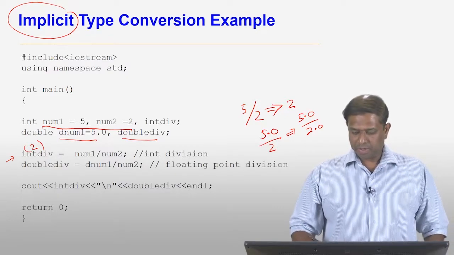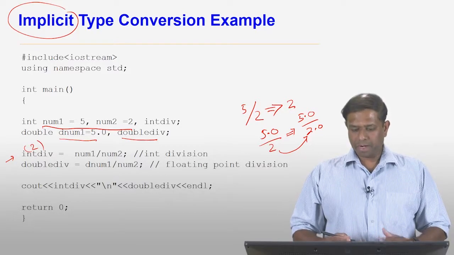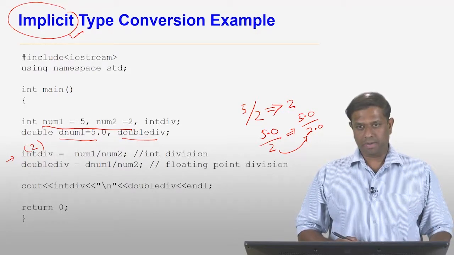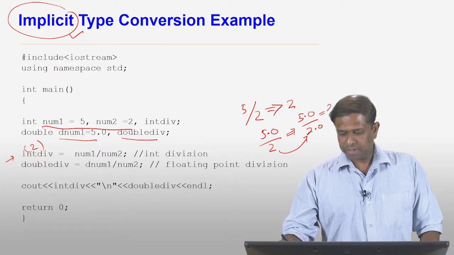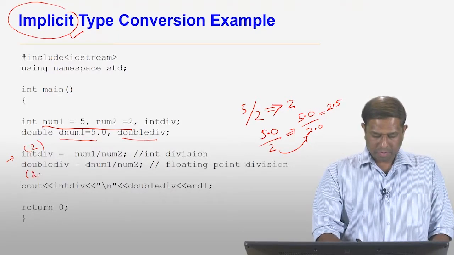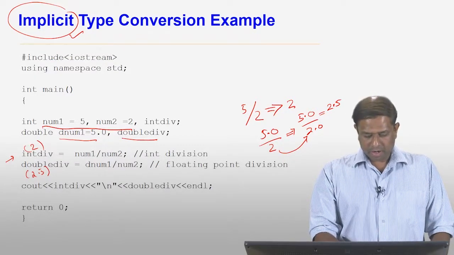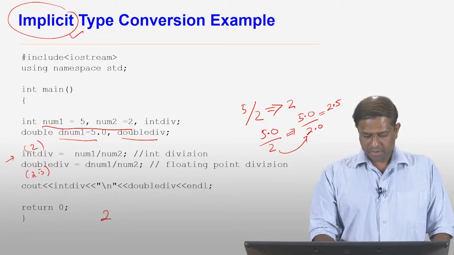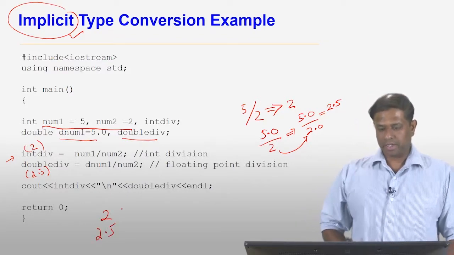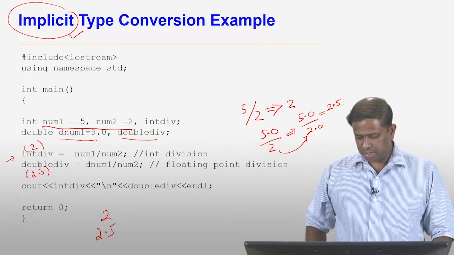Converting 2 to 2.0 happens automatically, and that is the implicit type conversion happening at runtime. The final value is 2.5, so double dev has 2.5 as its value. The output is 2 in the first line and 2.5 in the next line. That is how implicit type conversion happens with mixed mode expressions.